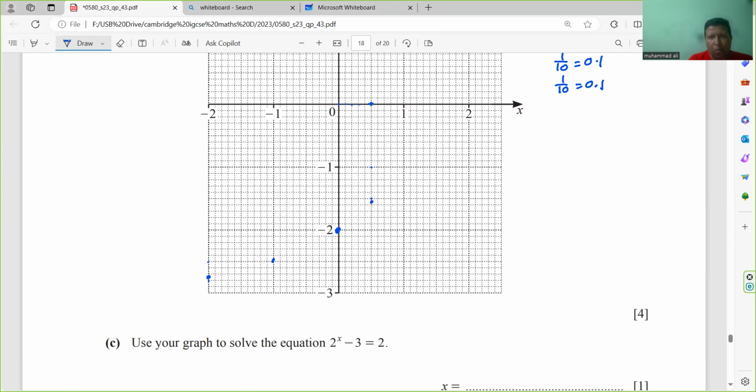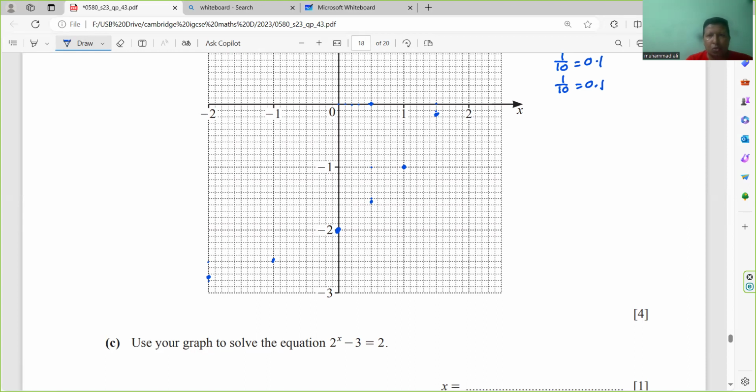When x equals 1, y equals minus 1, this point. When x equals 1.5, y equals minus 0.17. This is 0.1, this is 0.2, so 0.17 is here.